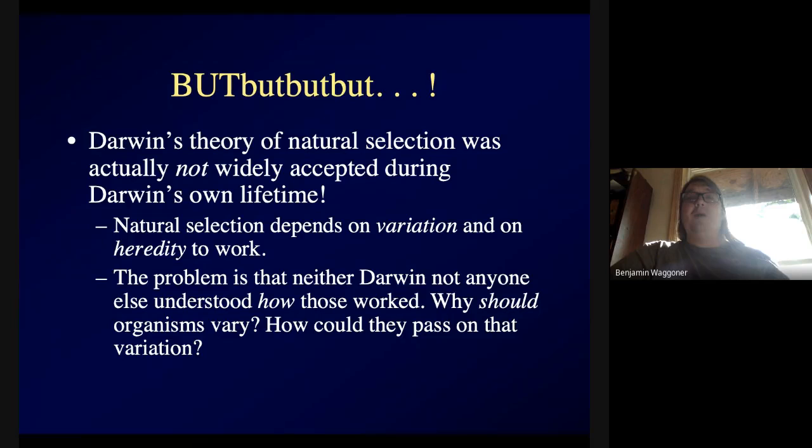The problem was that Darwin couldn't explain how those worked, although to be fair, nobody else could either. Why should organisms vary? What makes organisms vary? And how is it that they pass that variation on? I mean, it's clear that you do look like your parents, but how did that actually happen?